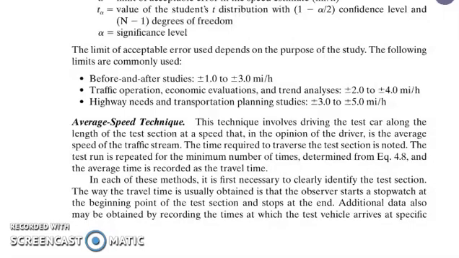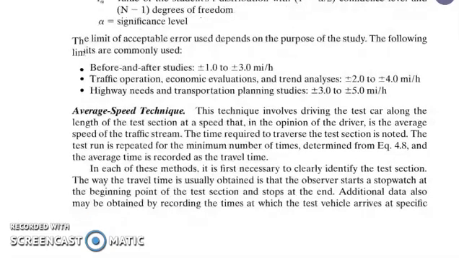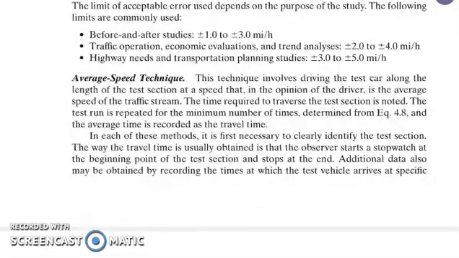In each of these methods, it is first necessary to clearly identify the test section. The way the travel time is usually obtained is that the observer starts a stopwatch at the beginning point of the test section and stops it at the end.